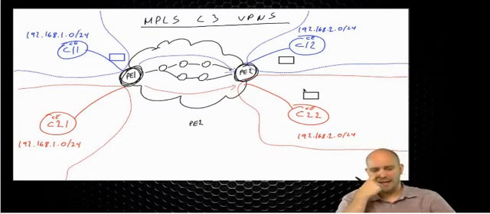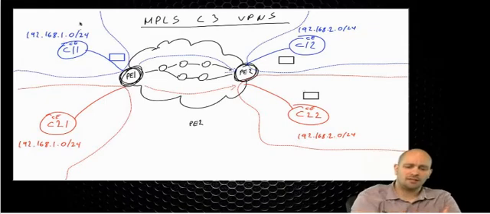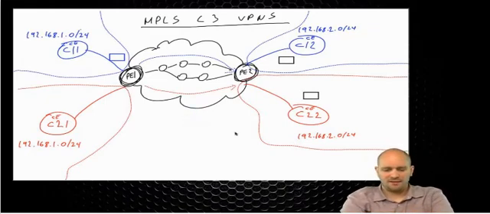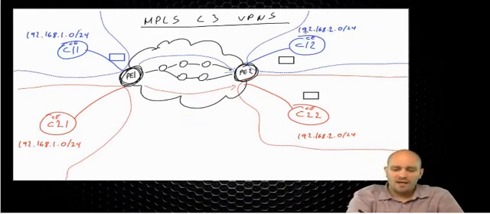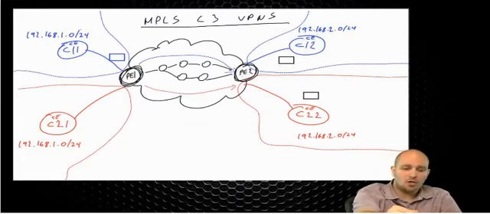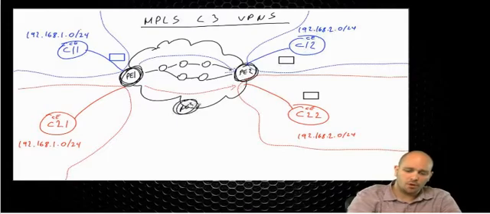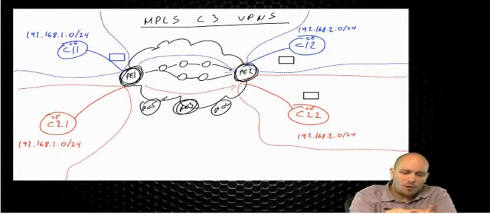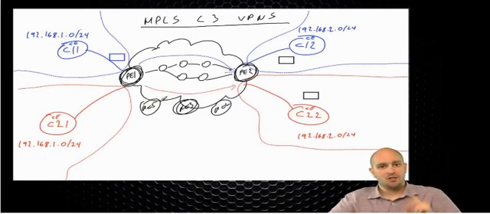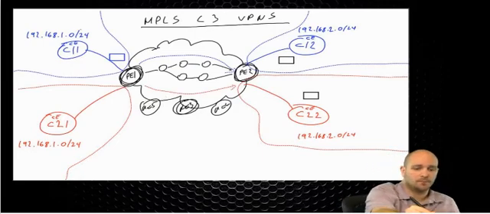Another problem is how on earth did PE1 know that these destinations are behind PE2 and not behind some PE3 here, or PE4, or PE5? How did PE1 know this? So we have two problems here to solve.